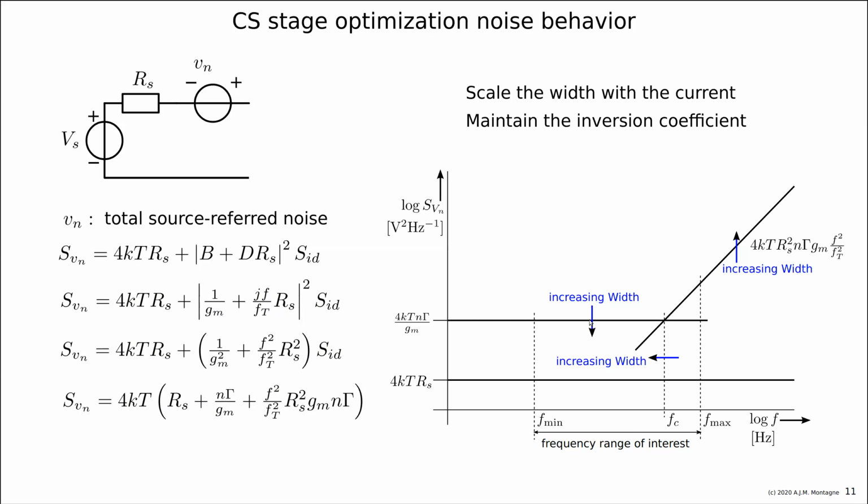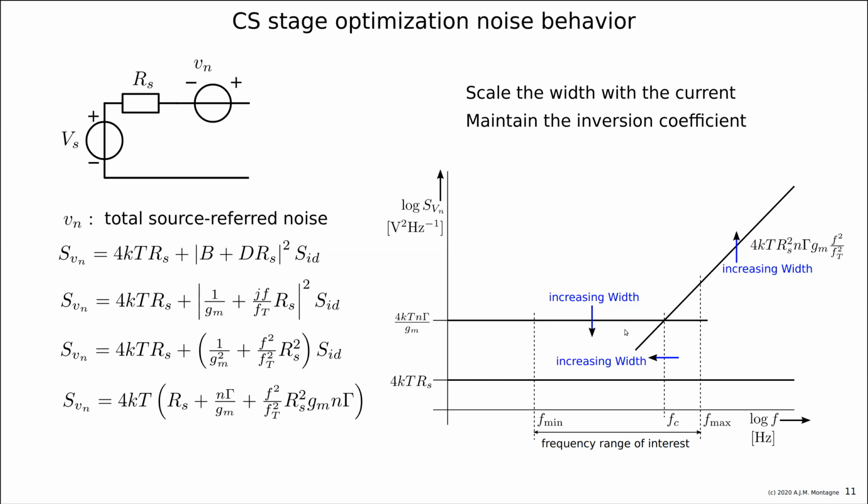So we see that if the width increases, the upper line, 4kT and gamma divided by GM, will drop, the gate induced noise will increase, and the corner frequency comes to a lower frequency. Now you can imagine that if the contribution above this corner frequency equals the contribution to the RMS value below, then we are in a kind of balance.